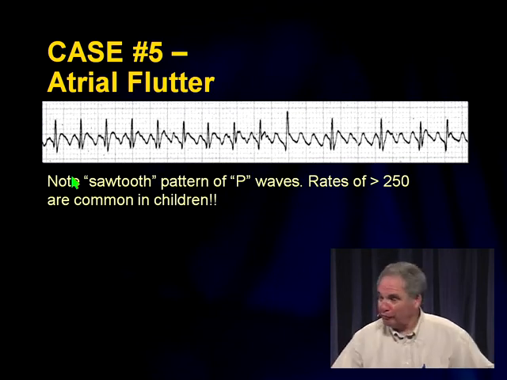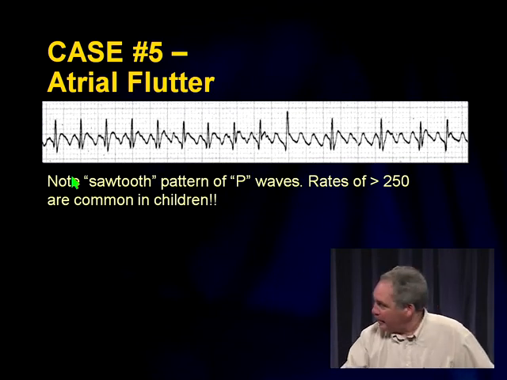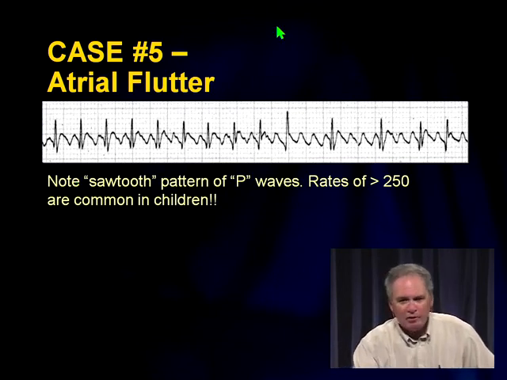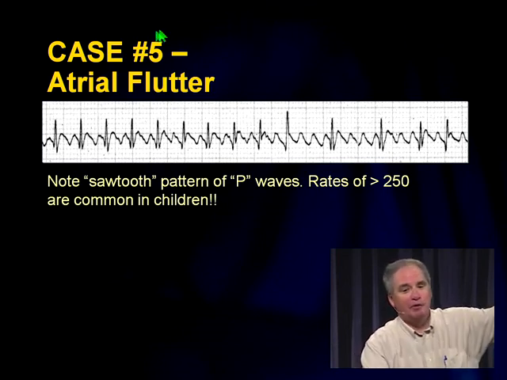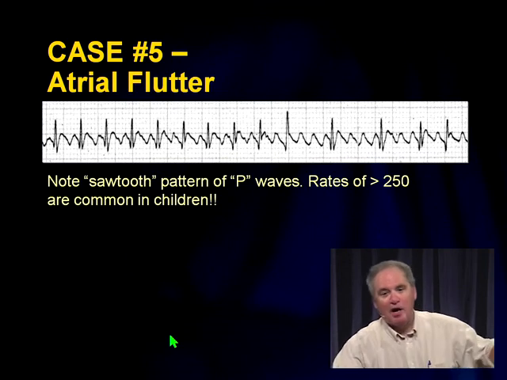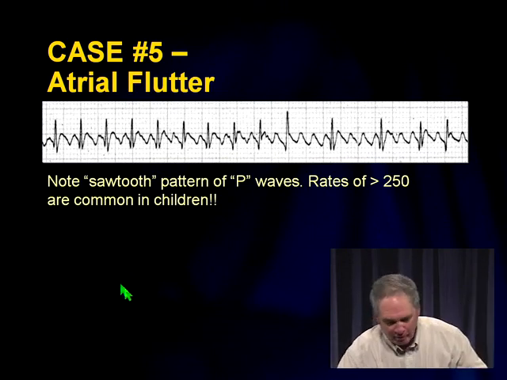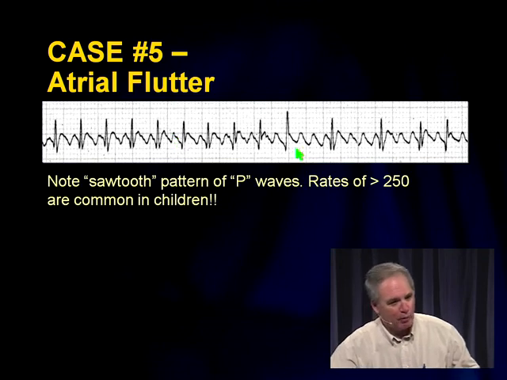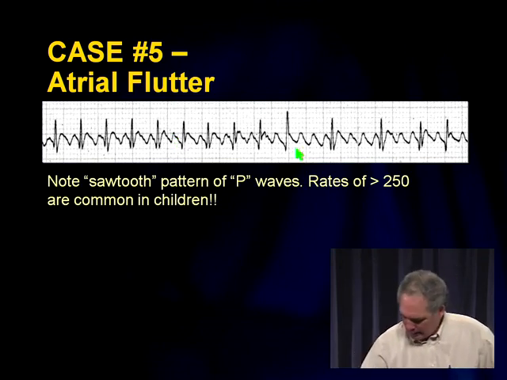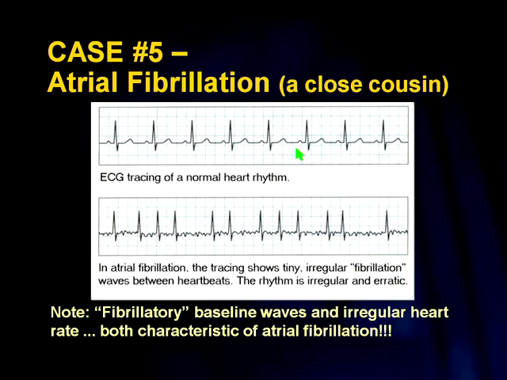By the way, atrial flutter is a rhythm that occurs mostly originating in the right atrium, where the impulse goes from the top of the right atrium to the bottom of the right atrium, to the top, to the bottom. And that's why the P waves go up, down, up, down, up, down. That's why you get the sawtooth, okay? And here is the close cousin of atrial flutter, atrial fibrillation.